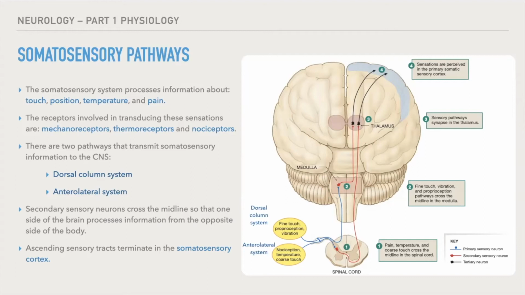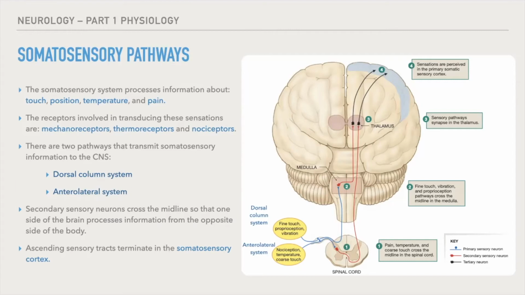There are 2 important pathways, as you can see in the picture, which are the dorsal column system and the anterolateral system. The dorsal column system processes the sensations of fine touch, pressure, 2-point discrimination, vibration, and proprioception.